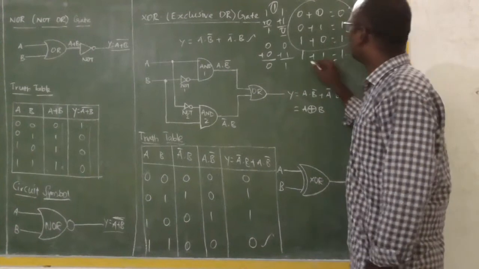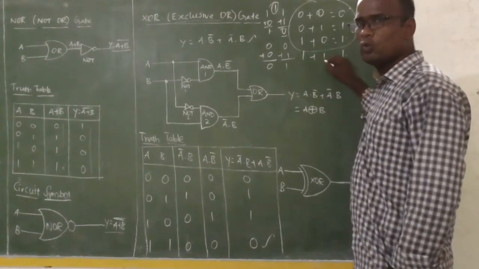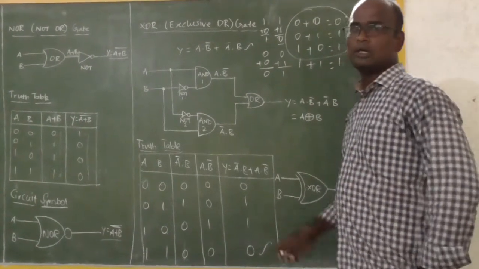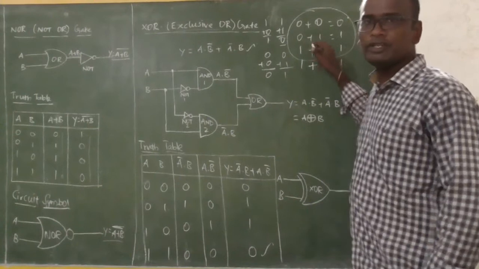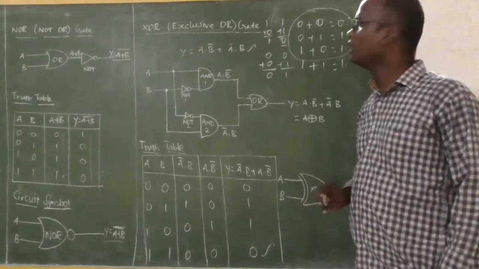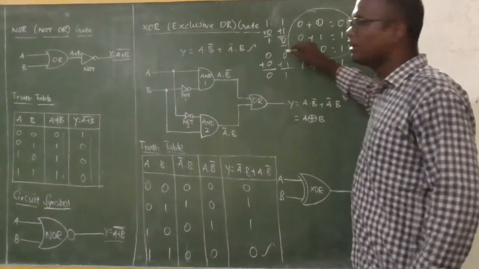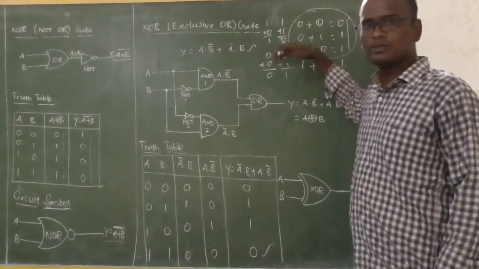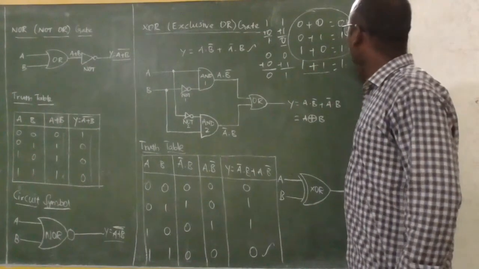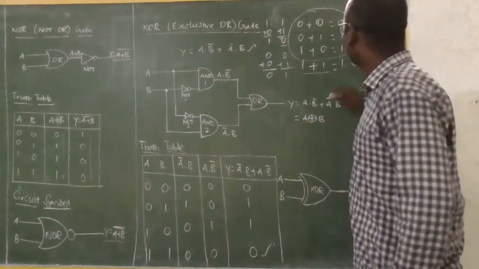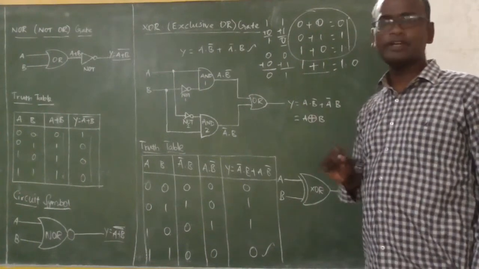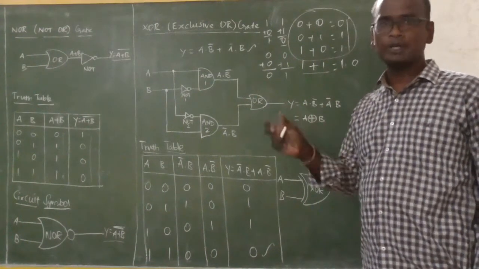But in an OR gate, 1 or 1 is equal to 1, not 0. Now here we can see the difference between the addition rules and the result of an OR gate. These three results are the same in the addition rules also, but this input gives 0 for addition, whereas in the OR gate it is 1. So this is the little difference between the addition rules and the OR operation.